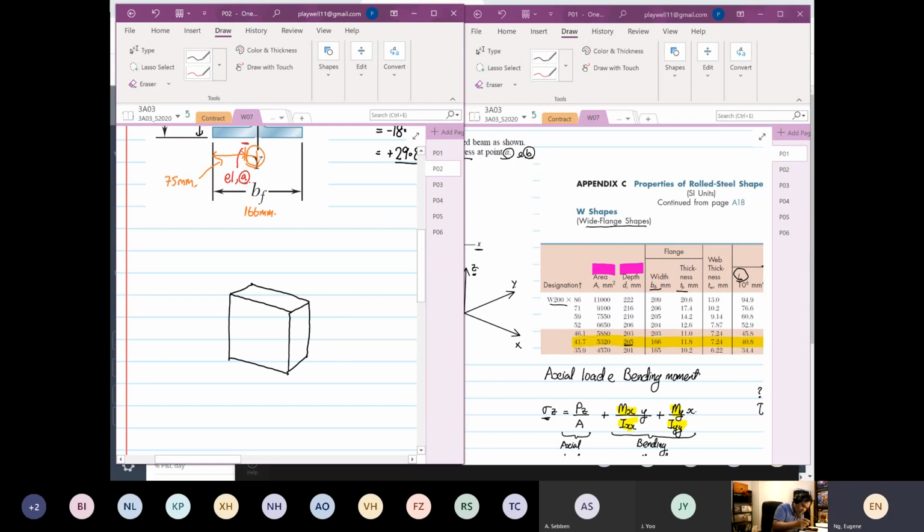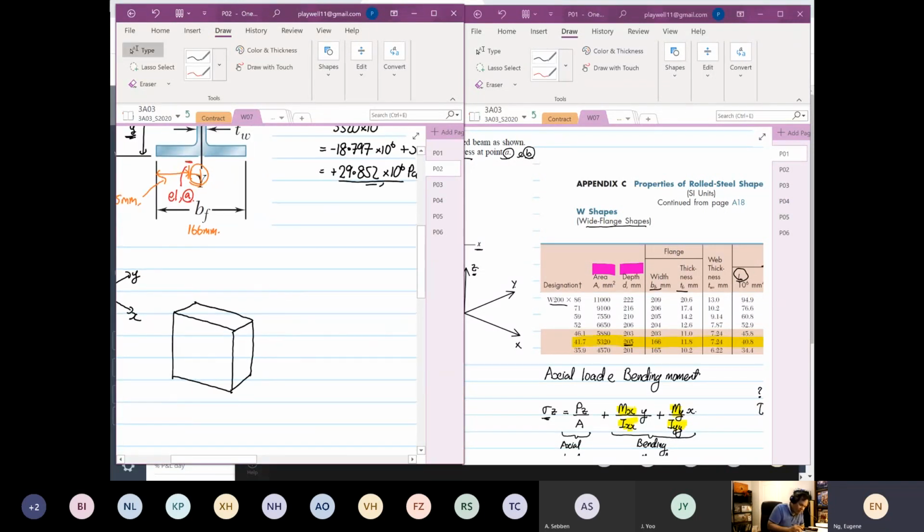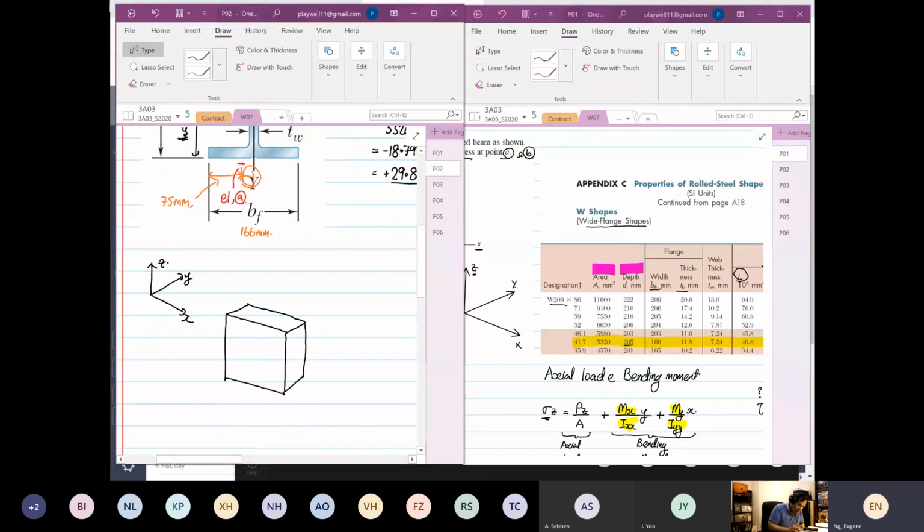Based on the transformation that we're given, this is my X, this is my Y, and this is our Z.